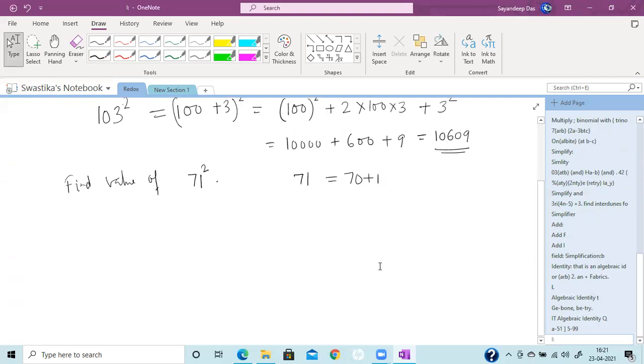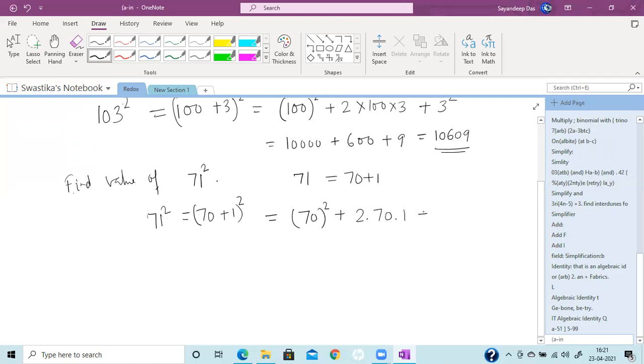Now you can expand this like this. 71² means (70 + 1) whole square, which is equal to 70² + 2ab, that is 2 into 70 into 1, plus 1².